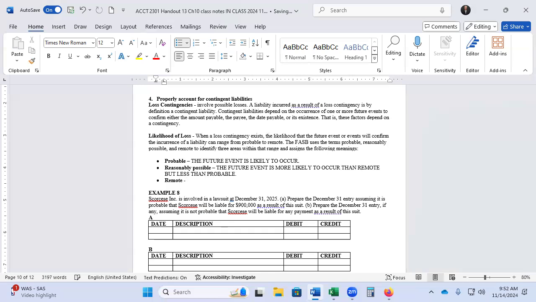And then remote, the chance of the future event occurring is slight.